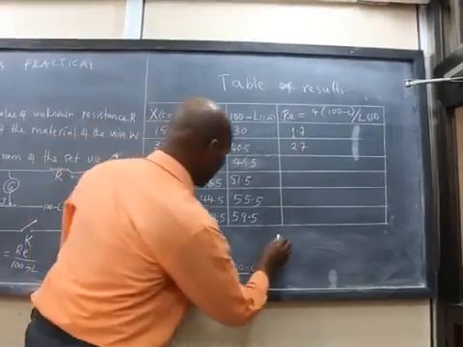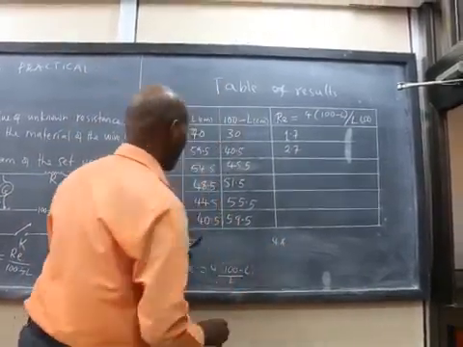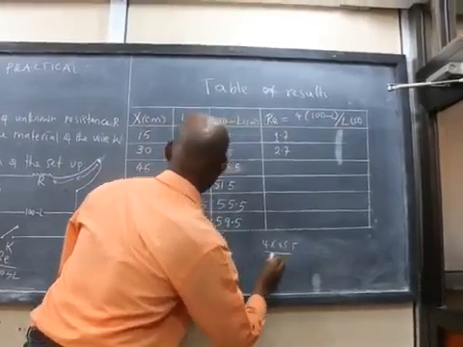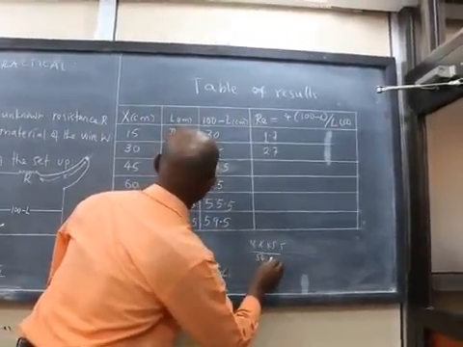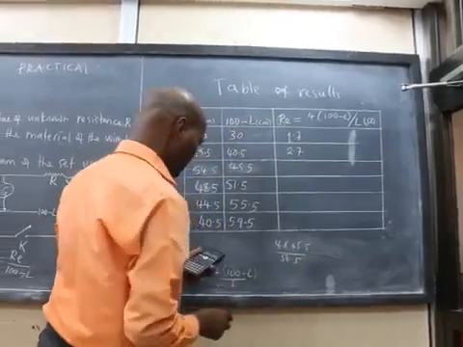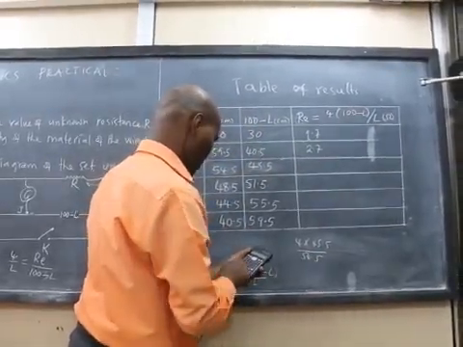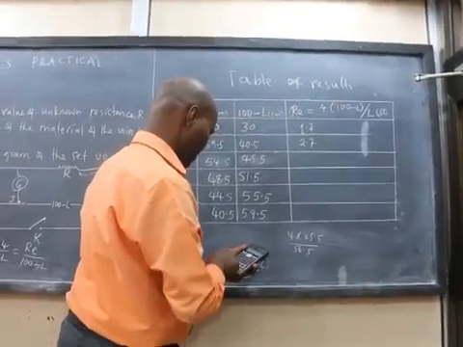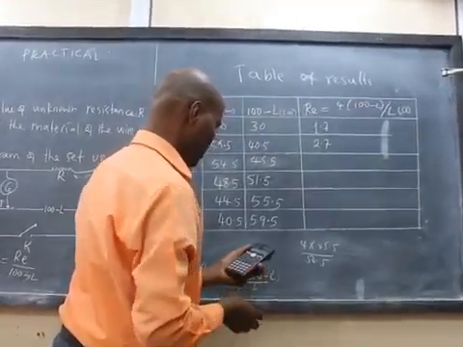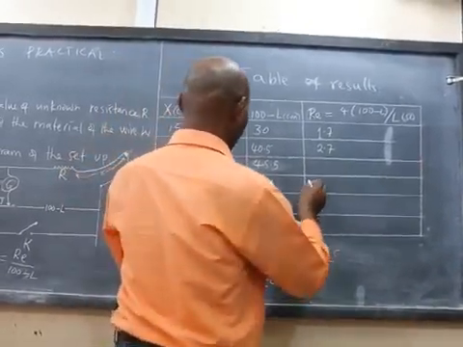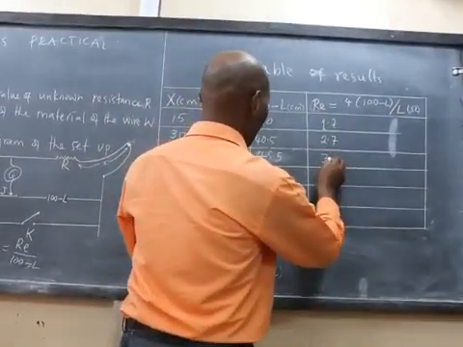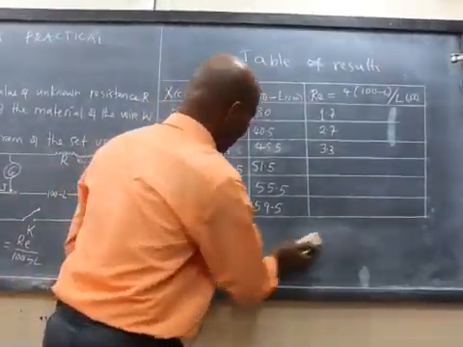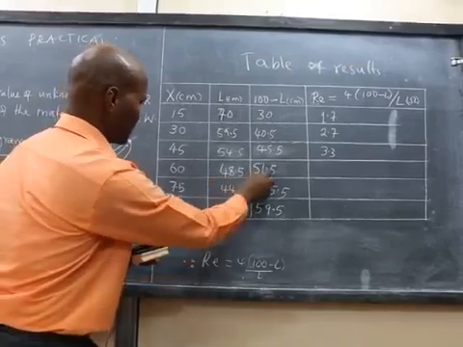That is 4 times 45.5 over 54.5. So 4 times 45.5 divided by 54.5, you get 3.3. Okay, now let's move to the next, that is this here.